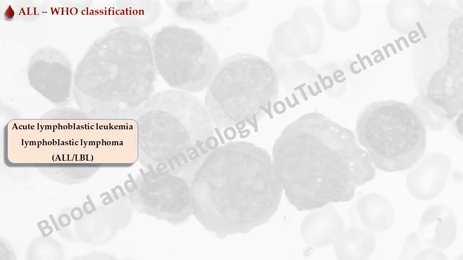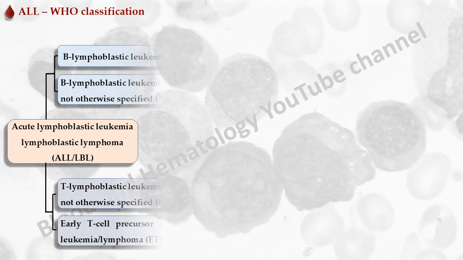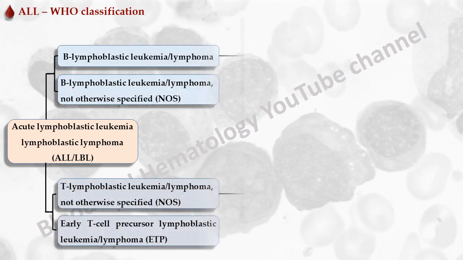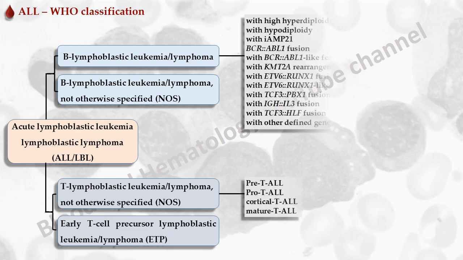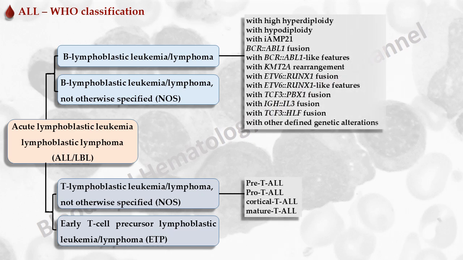According to the WHO classification, ALL is classified together with lymphoblastic lymphoma as lymphoid precursor neoplasms of the B or T cell type. Classification into subgroups is primarily based on cytogenetic and molecular genetic criteria.